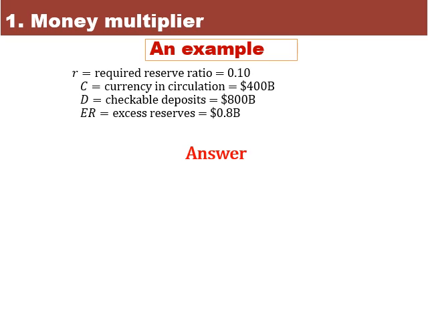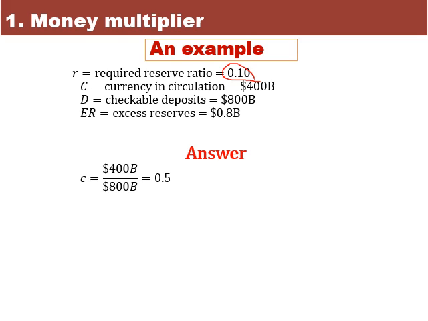We should start with finding the value of the three ratios: the currency ratio, the required reserve ratio and the excess reserve ratio. The required reserve ratio is already given in the example and it equals 10%. So we need to use this information to compute both the currency ratio and the excess reserve ratio. Once we get all these ratios, we can substitute in the formula of the money multiplier to get its value.